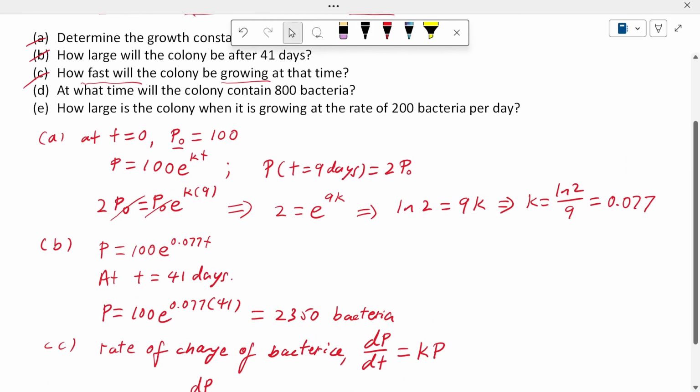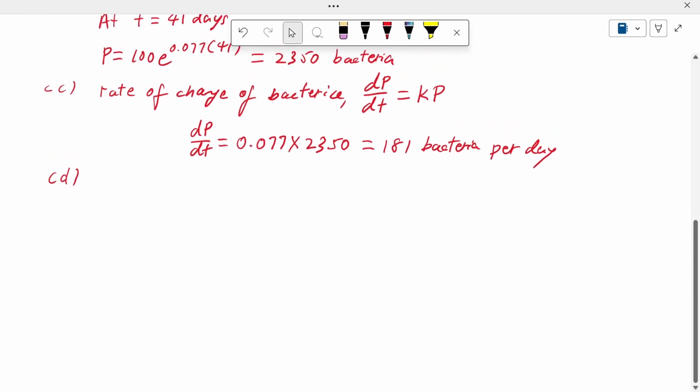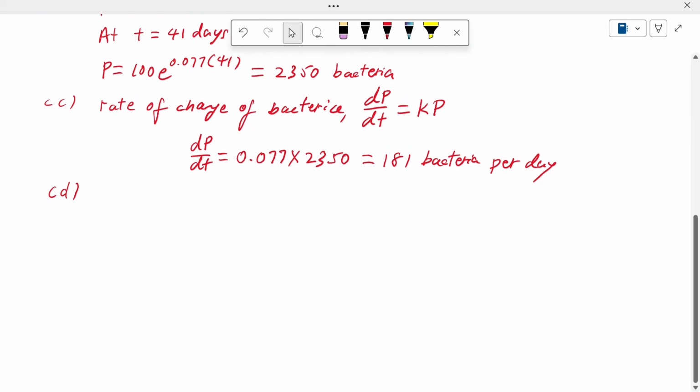Now we focus on question D. At what time will the colony contain 800 bacteria? Meaning that at what time the P will be equal to 800.